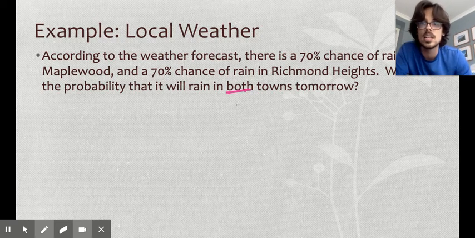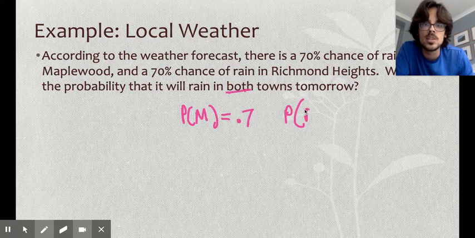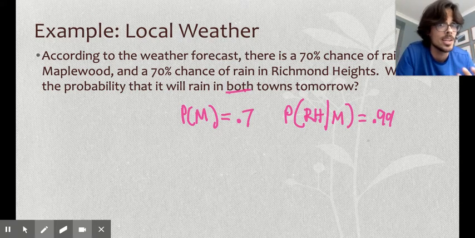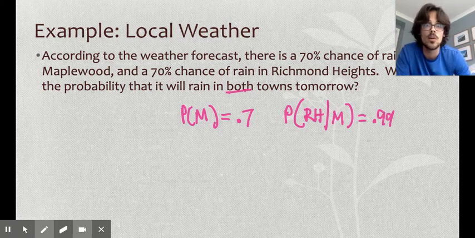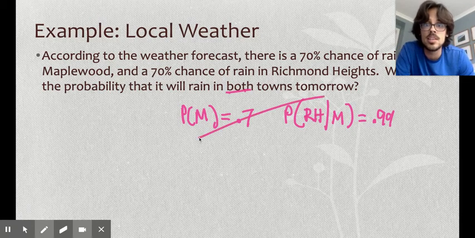So if the probability for Maplewood is 0.7 of rain, the probability of Richmond Heights, given that it's raining in Maplewood, is probably something like 0.99. It's really, really high because if it's raining in Maplewood, the town next door is probably going to be raining as well. There's always that situation where it's not the case, but it's pretty unlikely. So you cannot just multiply these together straight up because they're not independent.